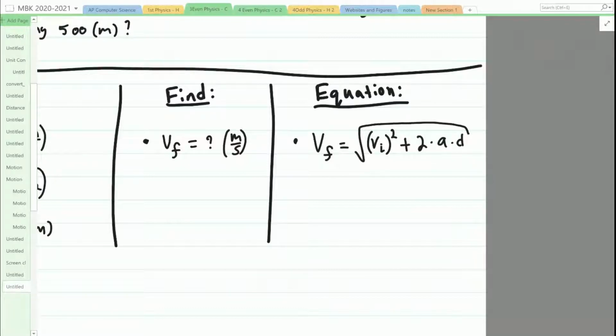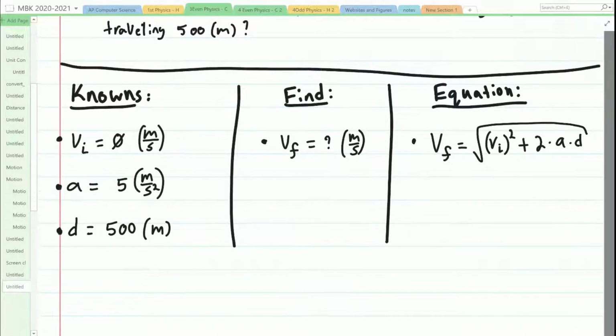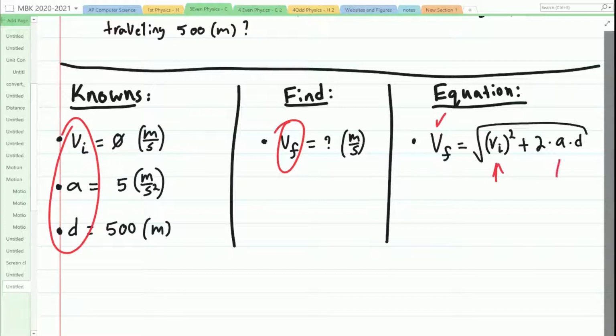So that's the equation that we're going to use. Just by looking at it, I can verify that v sub f is on the left side by itself, which is what I want to find. So that gets a check mark. And then v sub i, a, and d, I have v sub i, a, and d. So this is a valid equation that I can actually use.